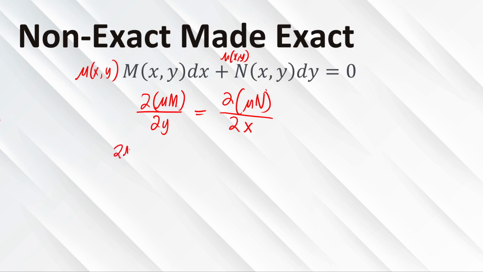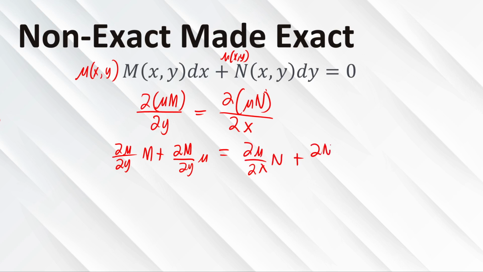So we have partial derivative of mu with respect to y times M plus the partial derivative of M with respect to y times mu equals sa kabila the partial derivative of mu with respect to x times N plus the partial derivative of N with respect to x times mu.